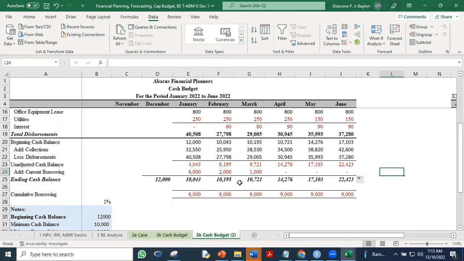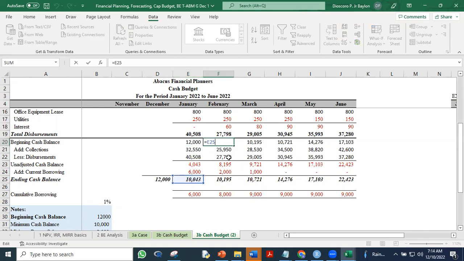So for 8195, the unadjusted cash balance, we have to borrow 2,000 to make our ending cash balance greater than 10,000. And you notice the ending cash balance for January is 10,043. So the beginning cash balance for February is 10,043. So it now follows.